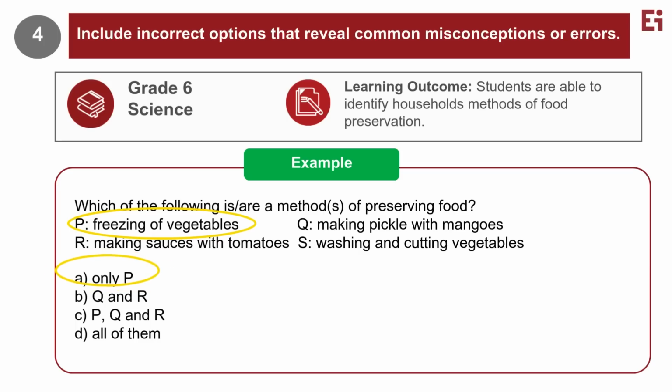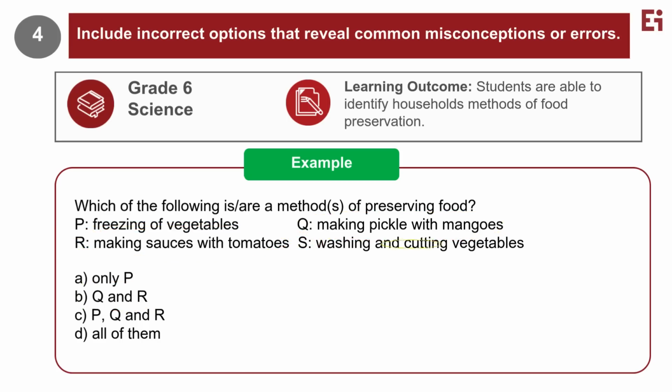If students lack an understanding of the fact that refrigeration cannot help in preserving foods, then they might opt for option B, which suggests that making pickles with mangoes and sauces from tomatoes can help with preservation.